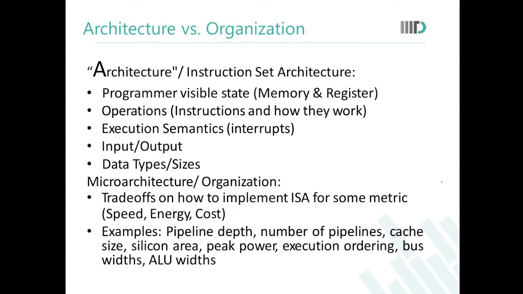ISA also provides execution semantics. So, what do I mean by that? We know so far that the instructions are written in sequence, the program counter points towards the instruction that needs to be executed next, and so on. Now, what happens if something happens and the program flow needs to be changed?